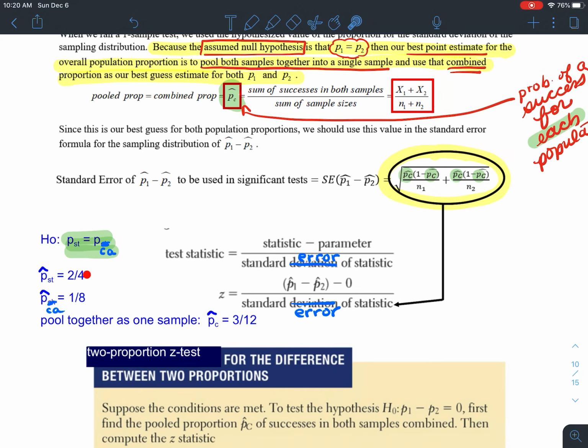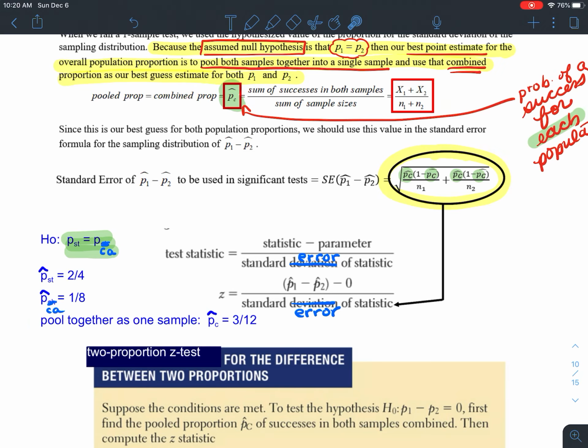We want to pull this together as one big sample. So I'm going to combine the 4 students and the 8 students and say technically I sampled 12 students. The total number of successes, total number of 5s, whether they were stats or calculus, is 3. And so I'm going to use 3/12 in each of these spots for my combined proportion.